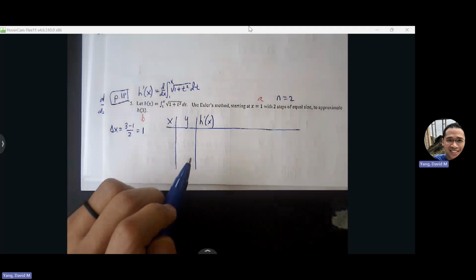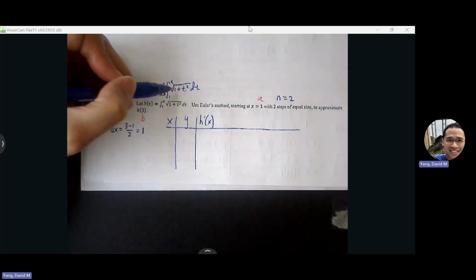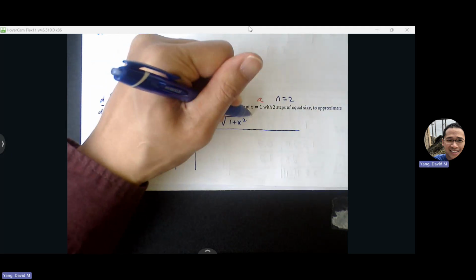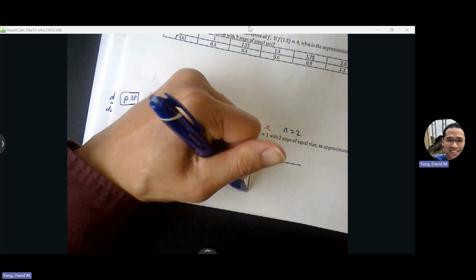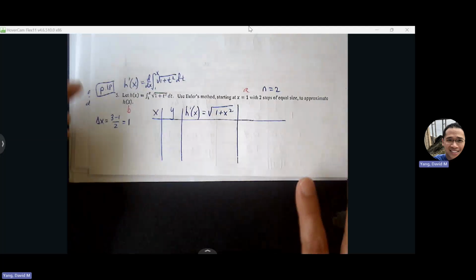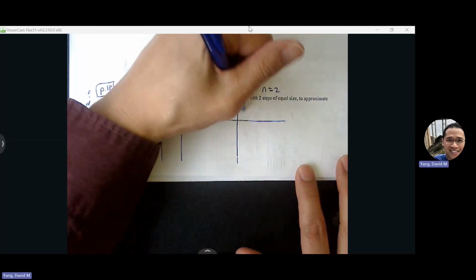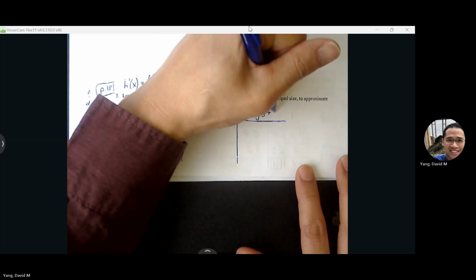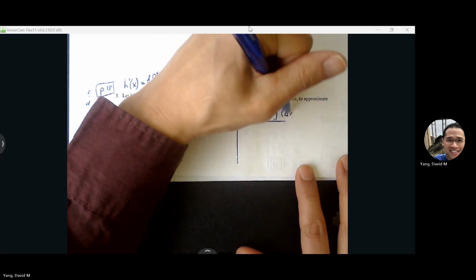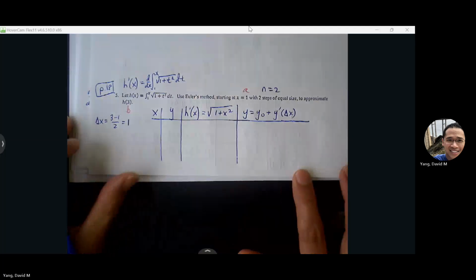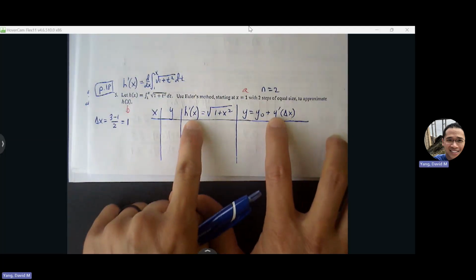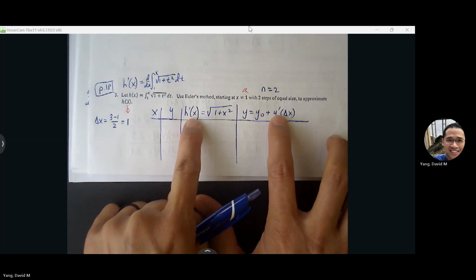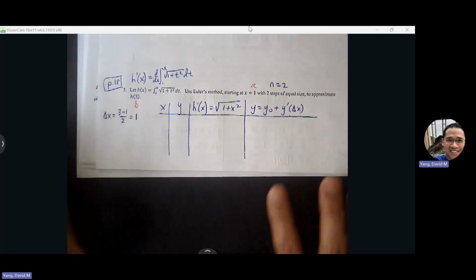So just root 1 plus x squared. That's going to be my h prime. Okay, so that's the formula that I'm going to use to build my derivative or my slope. And then your last column, y prime, h prime, these are the same, but that's just basically slope value.